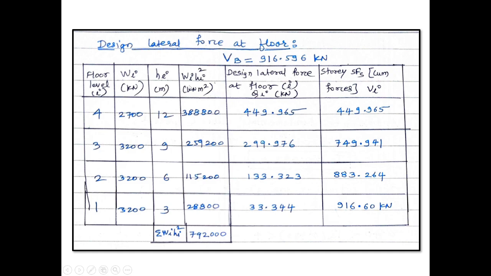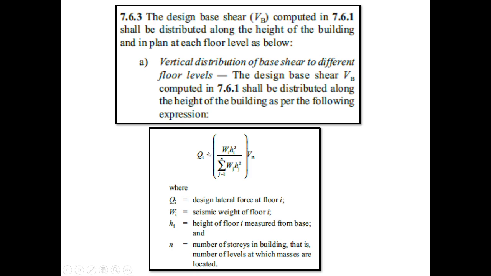Now here we need Wi hi square. So simple, I will just take 2700 into 12 square. So that becomes 388800. Similarly, I will do it for all the remaining rows. Then design lateral force at floor i, Qi, in kilonewton. So going back to the previous PPT, Qi is given by that individual Wi hi square divided by summation of Wi hi square into VB.